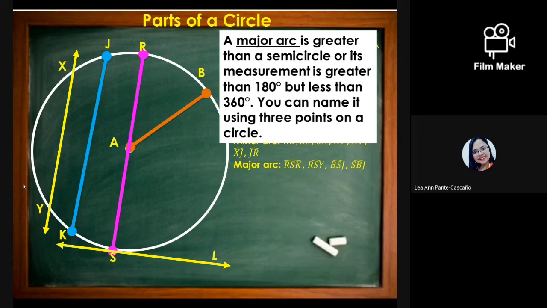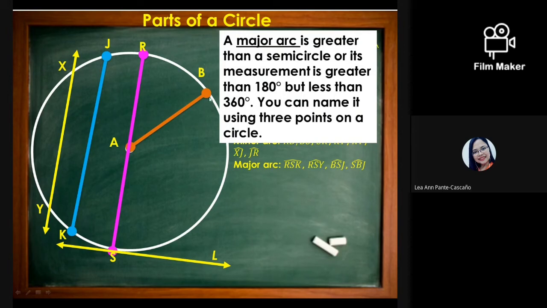Move lang tayo ng isa. So we have R, S, K. So that is now major arc. Ito na kasi yan. 180 plus another small minor arc. That will be now a major arc. Pwede naman daw R, S, Y. Pwede naman pong B, S, J. That is also major arc.